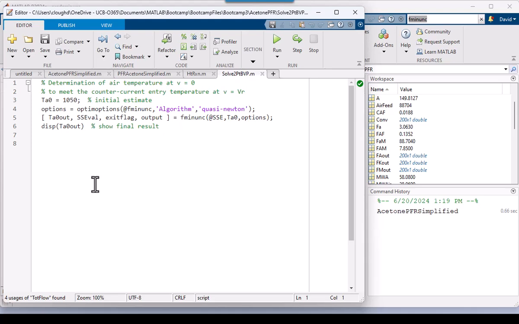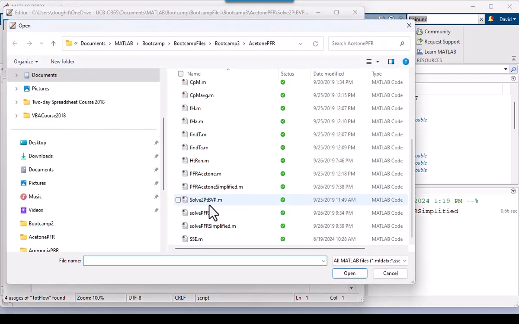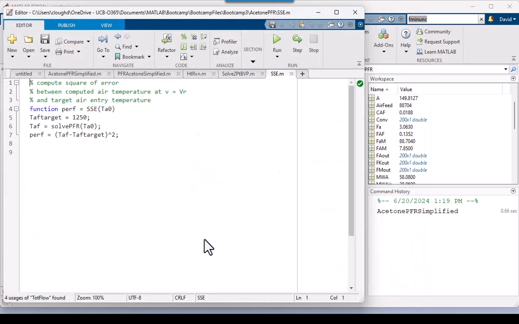Okay, so that's that. And we come in and show the SSE now. So here's the SSE, and what we want that to have here is solve PFR simplified. All right, that is the routine that we're after.